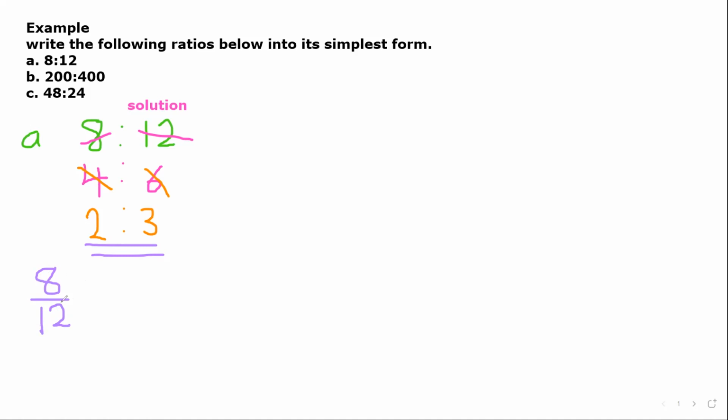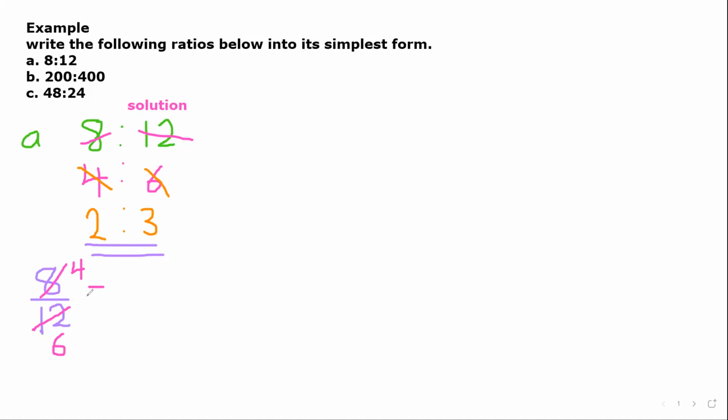It's the same as 8 over 12, and then you can also do your cancellation here. 8 over 12, you find a common factor to cancel the 8 and at the same time to cancel the 12. With the 8, I think the 2 cancels 8 4 times, and then 2 cancels 12 6 times.